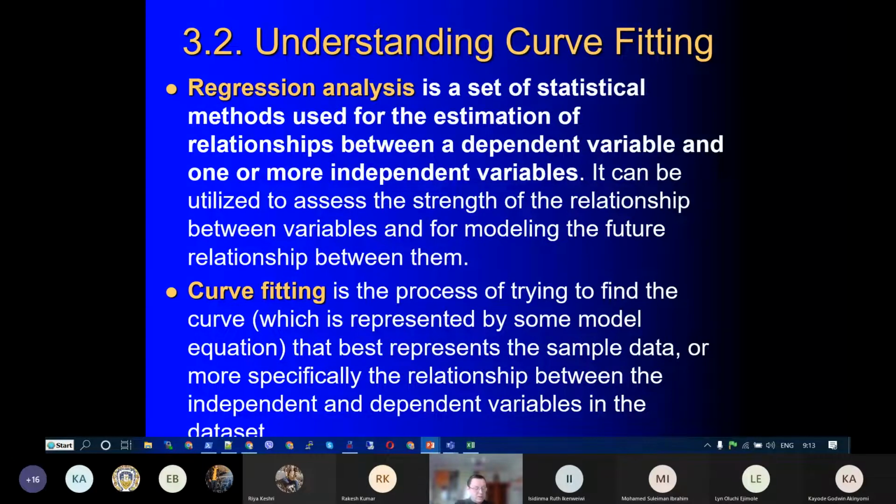One of these methods is curve fitting. This process tries to find the curve, represented by some model equation, that best represents the sample data, or more specifically the relationship between the independent data sets.